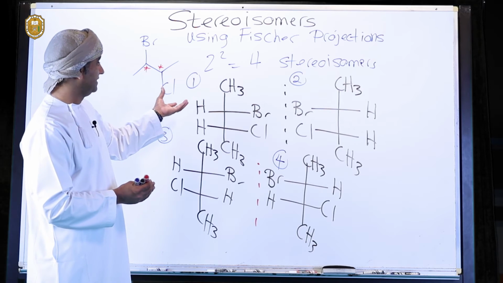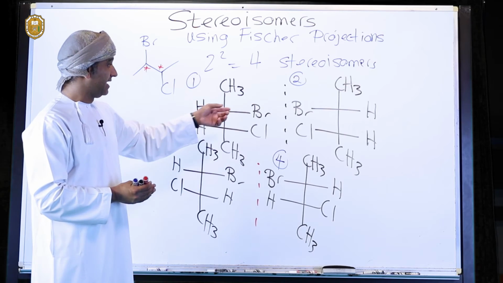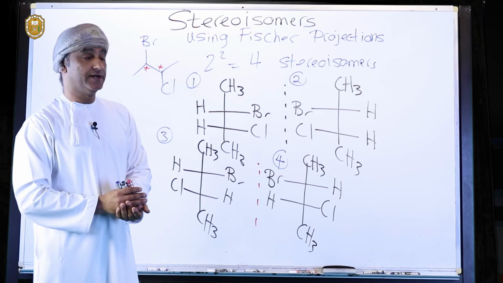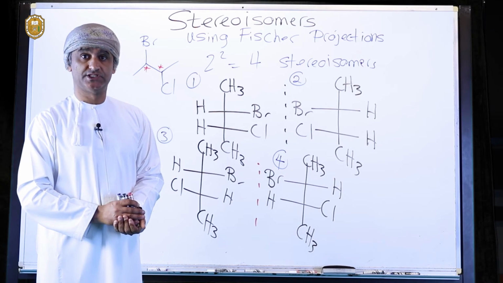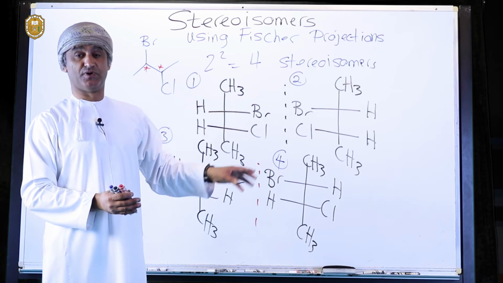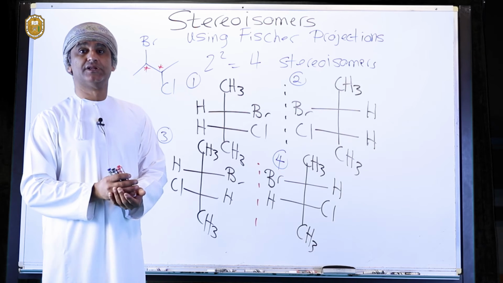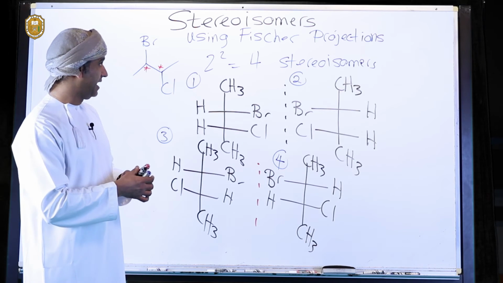Now, if you look at stereoisomers 1 and 2, since they are mirror images, it will not be possible to superimpose them on each other. So they are non-superimposable mirror images, and therefore the stereochemical relationship between 1 and 2 is enantiomer.